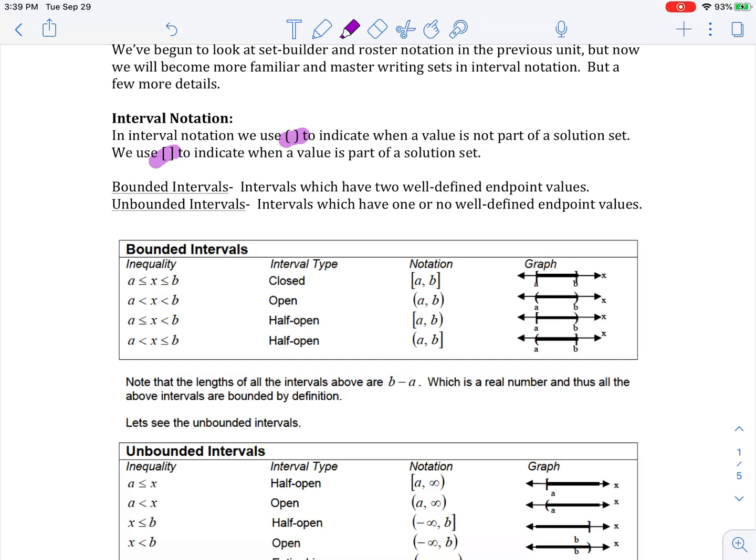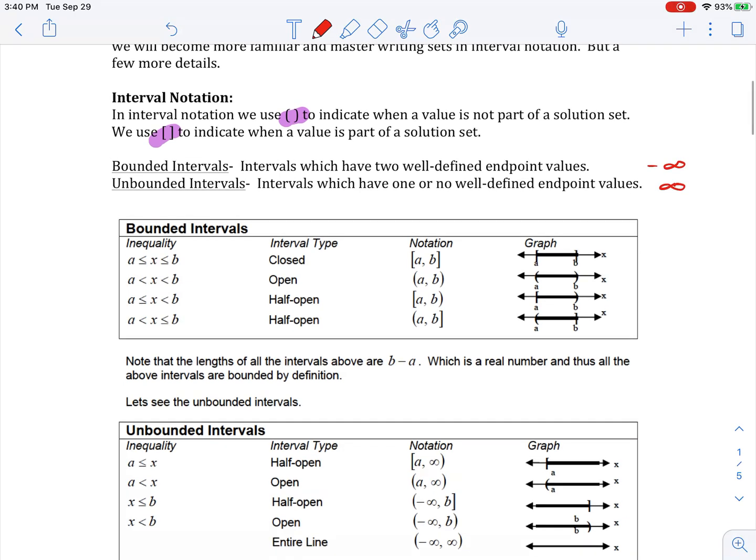A bounded interval has two well-defined endpoint values versus an unbounded interval, which has one or no well-defined endpoint values. And what we're talking about as well-defined values is actually a numerical endpoint, right? The other endpoint you might see might be infinity or negative infinity. And using infinity or negative infinity implies that we have these unbounded intervals which go on in either direction.